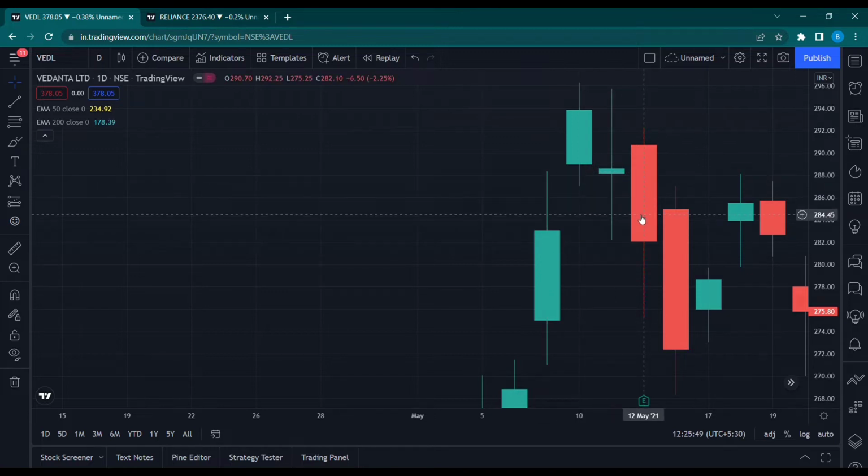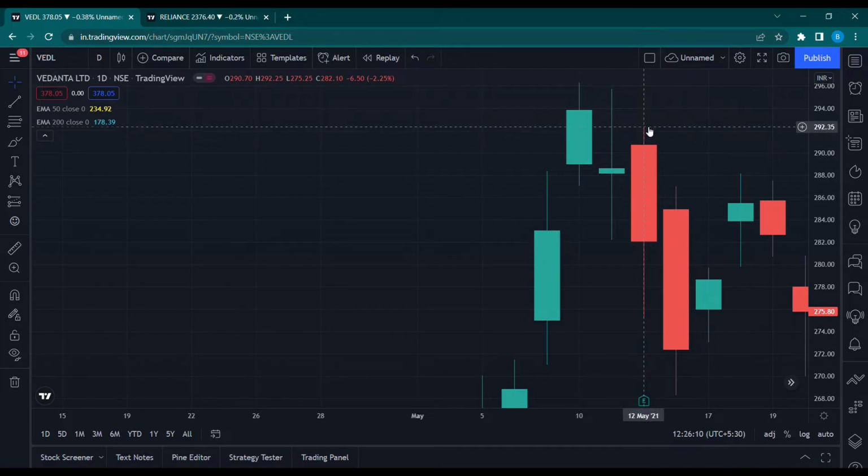Let's come to the red candles. We can make it out pretty easily: you have prices opening at the higher edge and closing at the lower edge, so the net movement of prices is negative. It has gone down. Similarly, the wicks have the same meaning here.